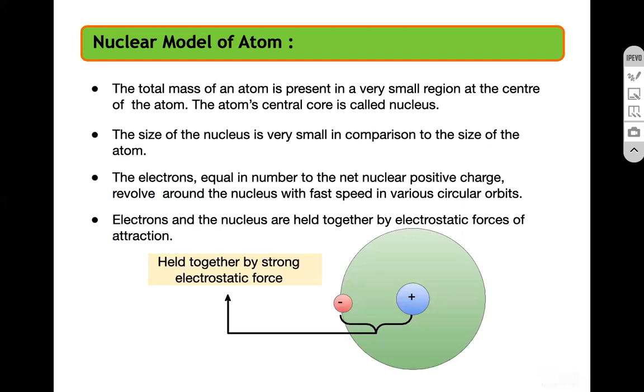Alpha is 4 times heavier than a proton, and a proton is 2000 times heavier than an electron, so it is almost 8000 times heavier. So the alpha particle does not get deflected by the electrons. Understood? And second, it is negatively charged, so there is no point of deflection. Understood?